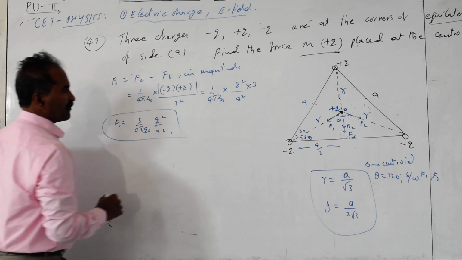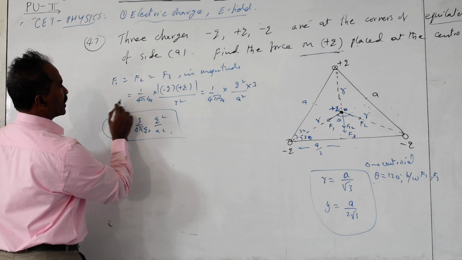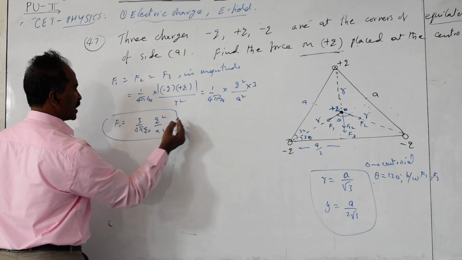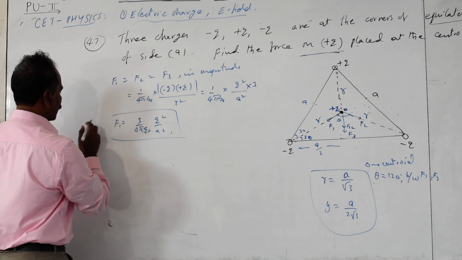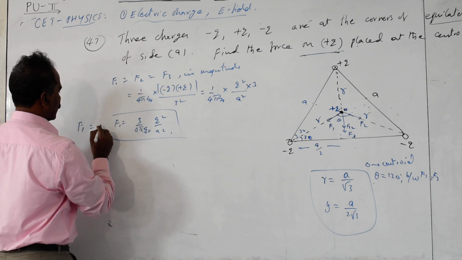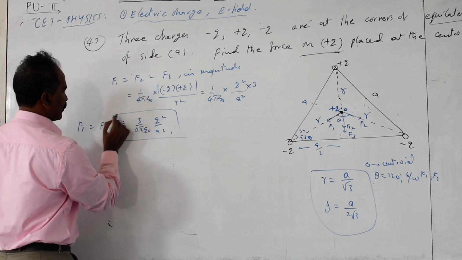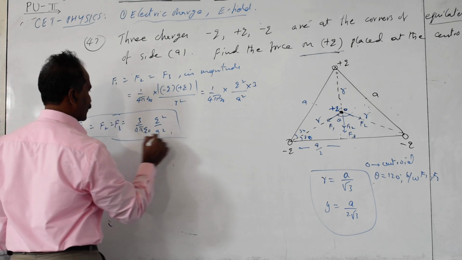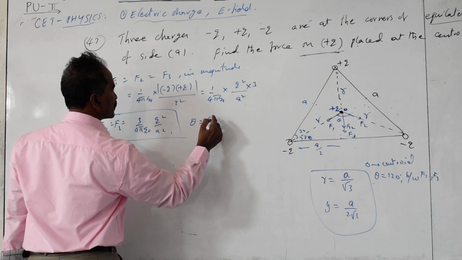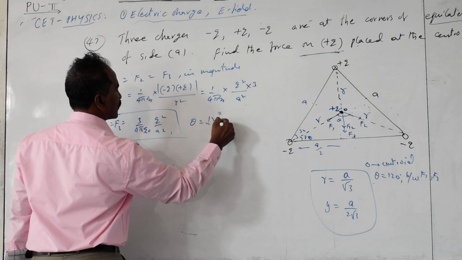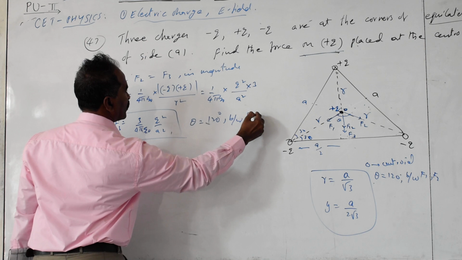This one I will take as F1, and it is also equal to F2. What is the angle between F1 and F2? Theta is equal to 120 degrees. This is between F1 comma F2.